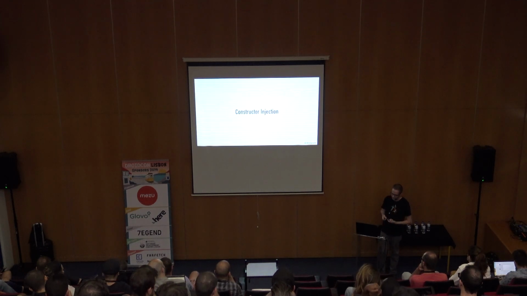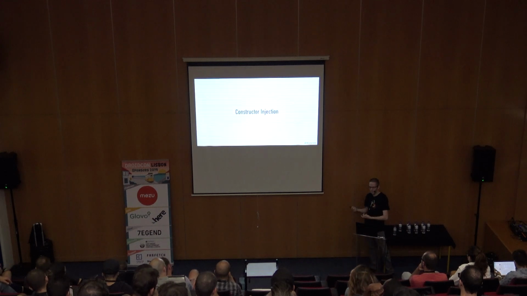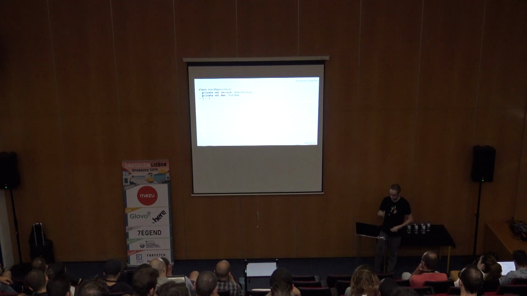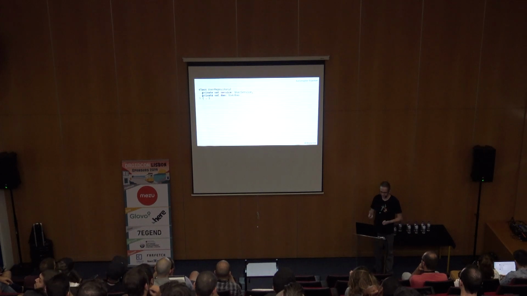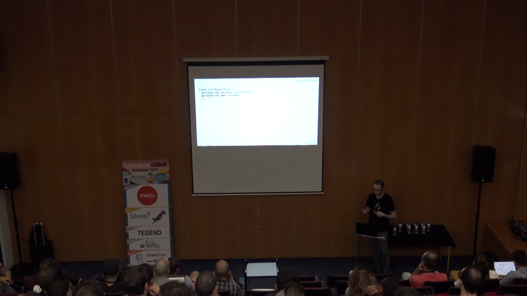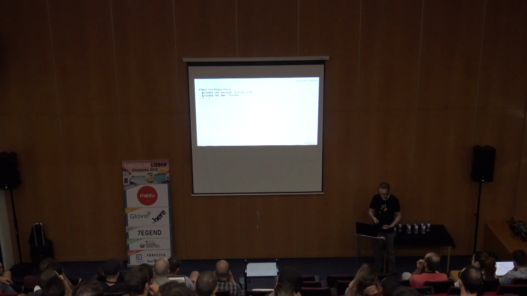So moving on, obviously the other type of injection is again constructor injection. What that means is for a repository, we would pass in parameters for the service and the DAO. But then, how are we initializing this repository, right?